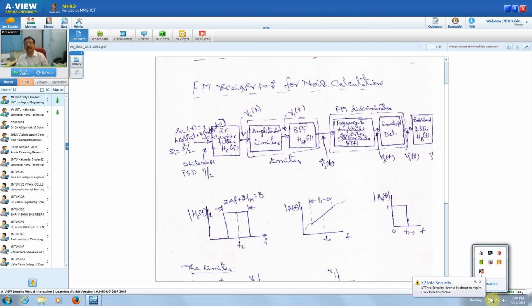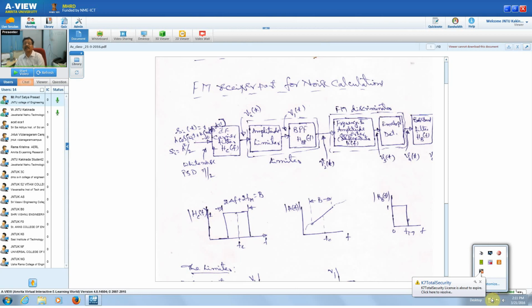Therefore, the frequency variations have been converted into amplitude variations by this frequency to amplitude converter. This is a linear function, with the output as sigma into the frequency.